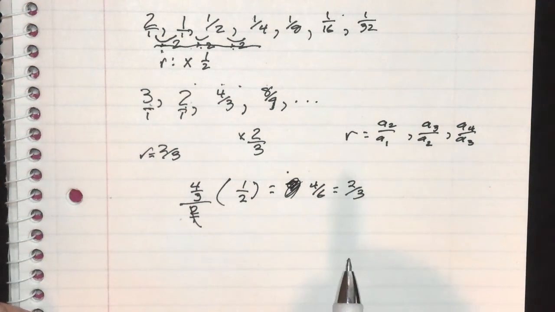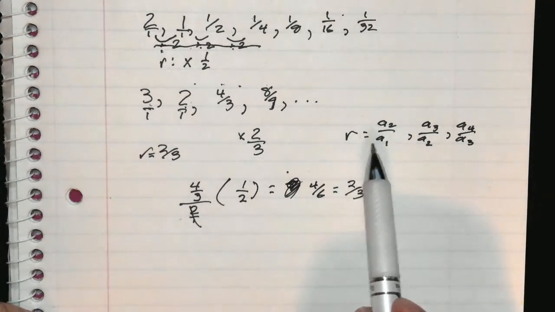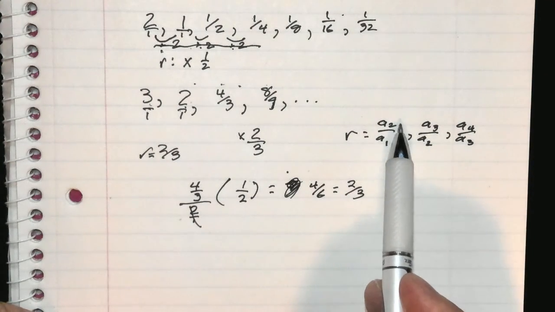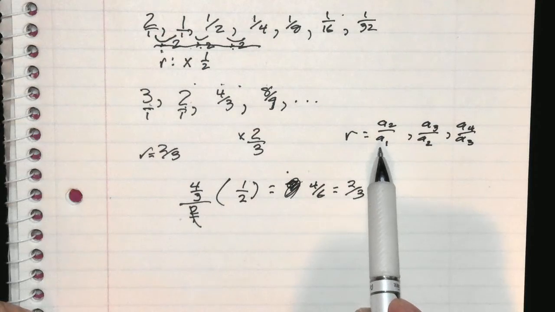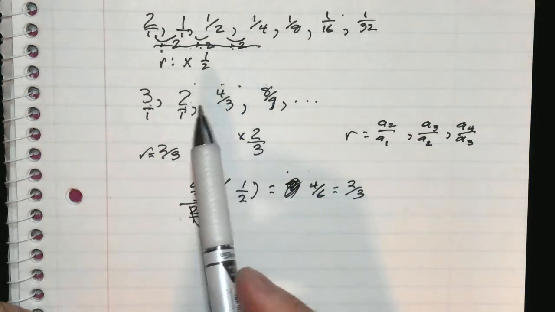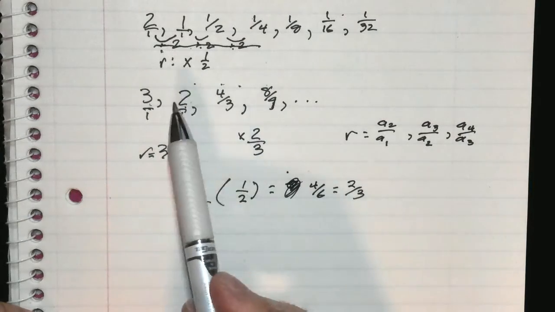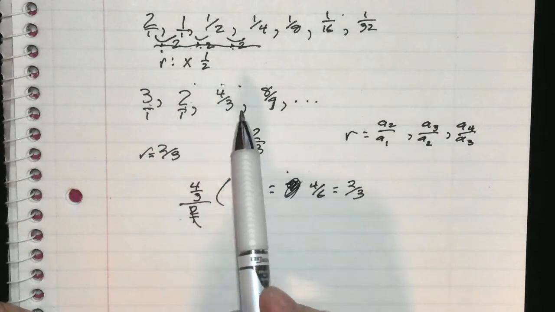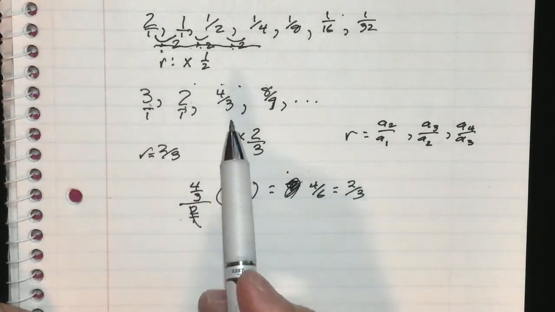There are different ways to look at it. You can either use the idea of the ratio of the second term to the first term, or you can try to find the pattern by turning it into fractions. It is completely up to you. These are the ones that are a little bit more difficult.